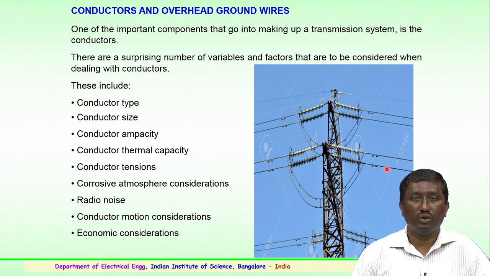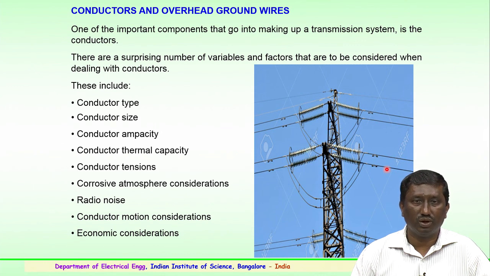Then corrosive atmospheric consideration: the conductors are overhead in nature, almost exposed to the environment. So, different climatic conditions cause the conductors to become corroded. This corrosive nature of the conductors has to be kept in mind.